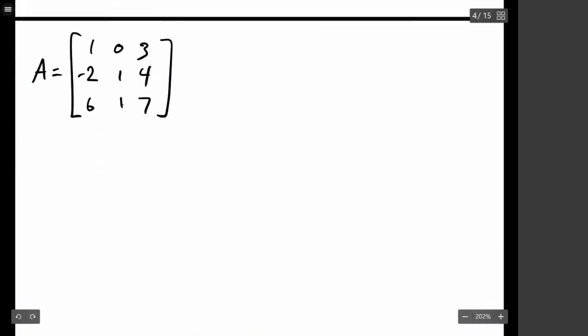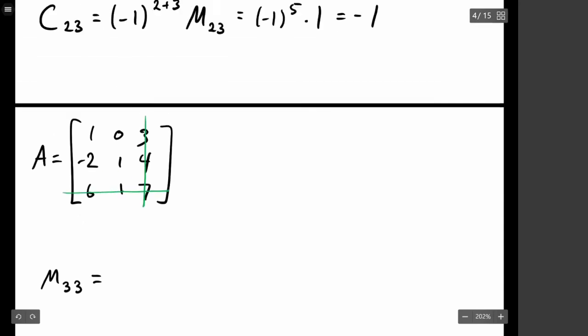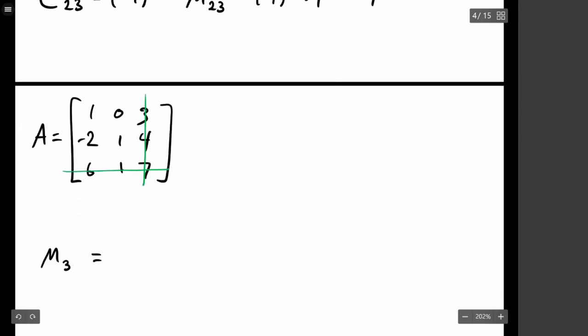Let's do the minor M33, right? So here, if we're doing M33, we want to delete the 3rd row and the 3rd column. I used 3 in the last one. Let's change this to a 1. So M31, we would delete the 3rd row and the 1st column. Now we have our 2 by 2 up here in the corner, and that determinant would be [0 3; 1 4].